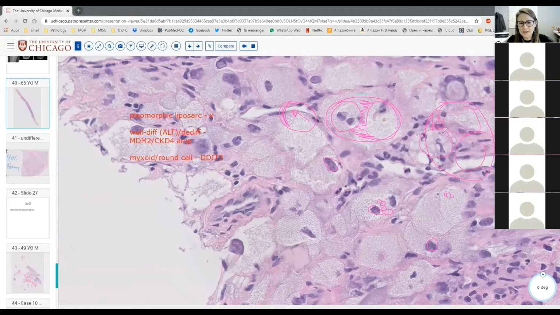So your pleomorphic lipoblasts absolutely should have nuclei that are indented by the vacuoles rather than that are pushing the vacuoles aside.